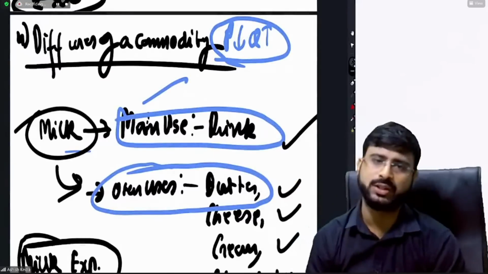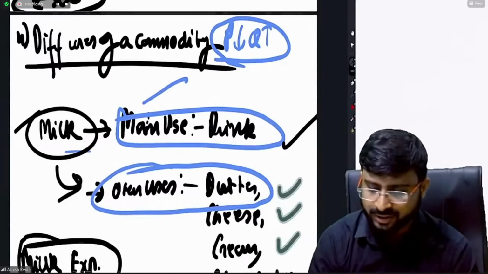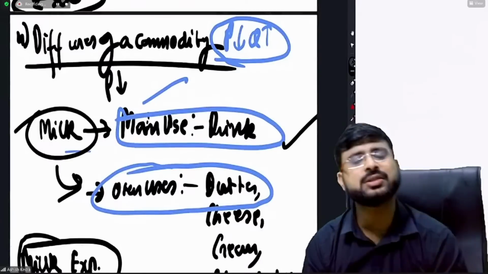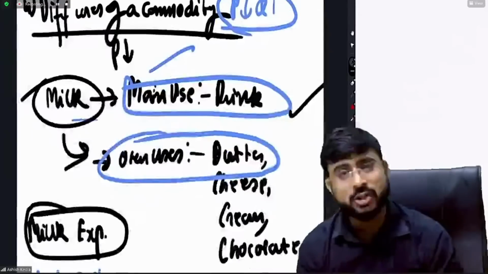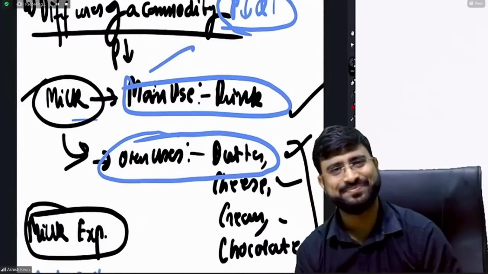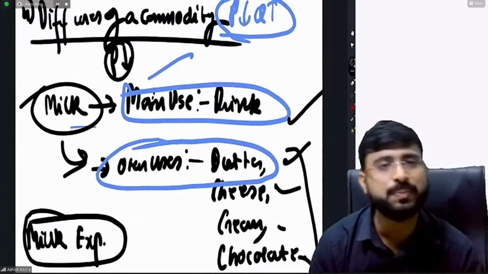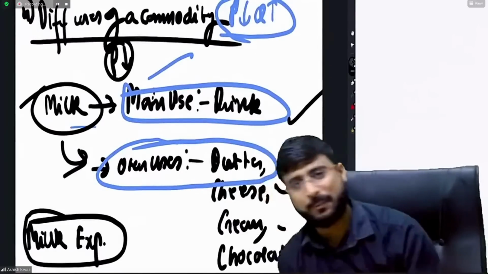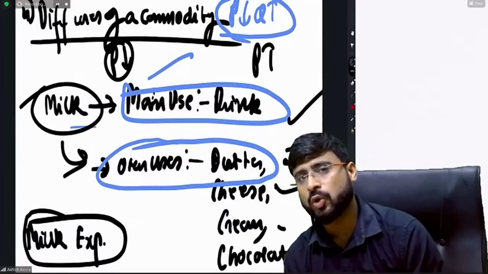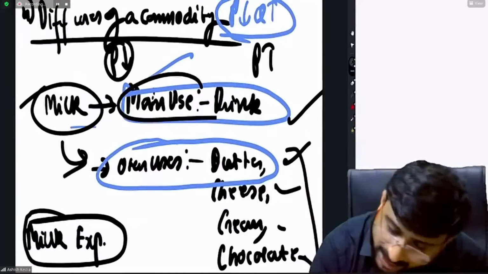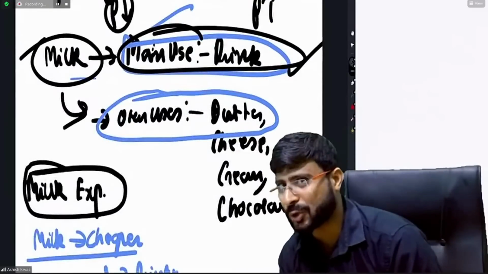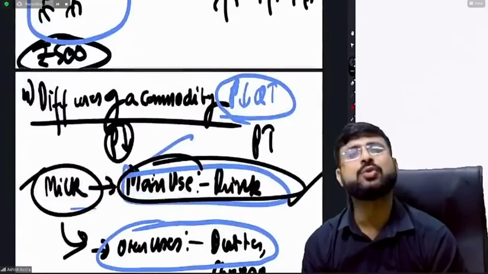Now, friends, when the price of milk reduces, what will people do? They will consume more milk. They will start using milk to make butter and cheese on their own. Why? Because milk has become cheaper. So they will start using milk for lesser purposes also. But suppose milk becomes very expensive, then what will people do? People will consume milk only for the main purpose, and for other purposes they will buy another commodity and not milk. Yes or no, everyone? This is what different uses is.